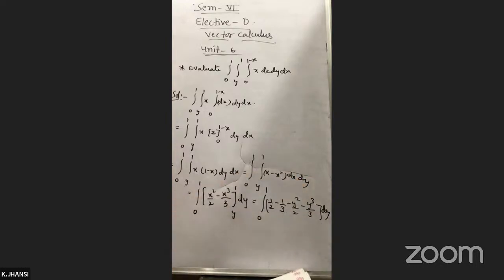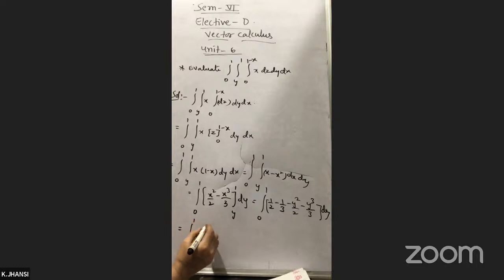Okay. So now here 1 by 2 minus 1 by 3 means if you take the denominator as 6 as the LCM, then we'll get this value as it is equals to 0 to 1. It is 6 now. So 6 to 3 times minus 2 times. 3 minus 2 is 1 you will get.